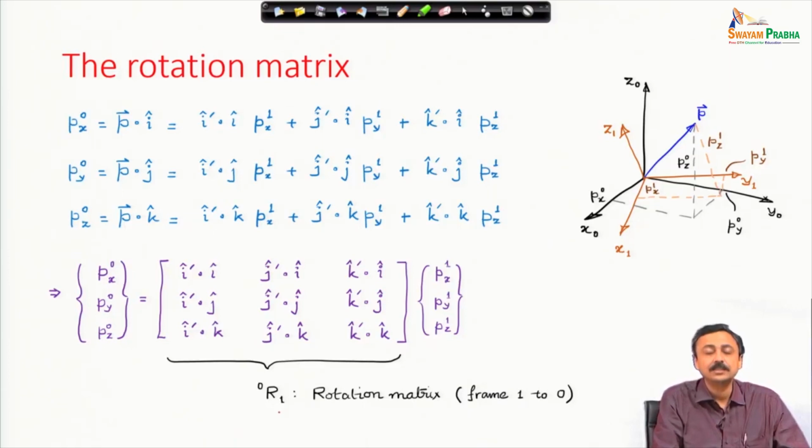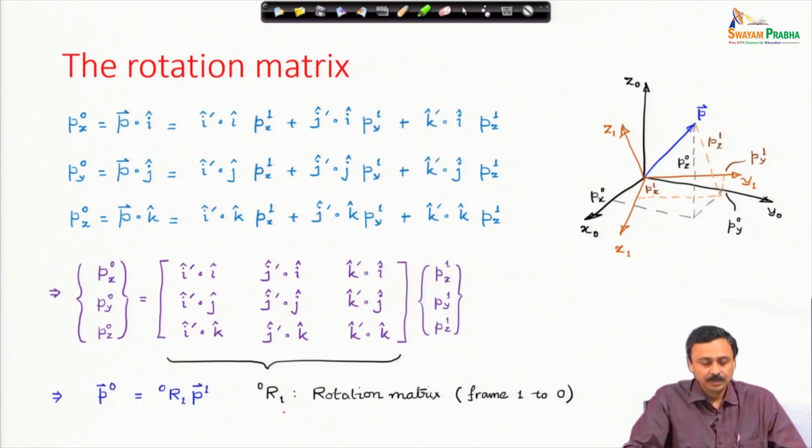That we will write as r from 1 to 0. On the right I write 1, because on the right I will post multiply by the representation of the vector in frame 1, and on the left I write superscript 0 on r to show that it is going to take us to the representation of the same vector in frame 0. And in vector notation we will write p 0 is equal to r from 1 to 0 multiplied by p 1, and that multiplication is shown.